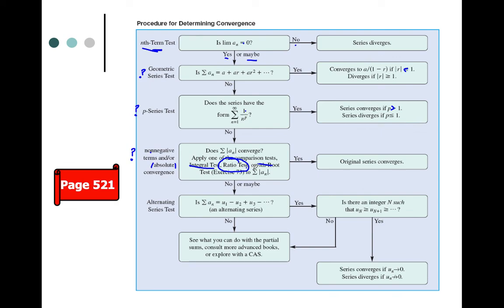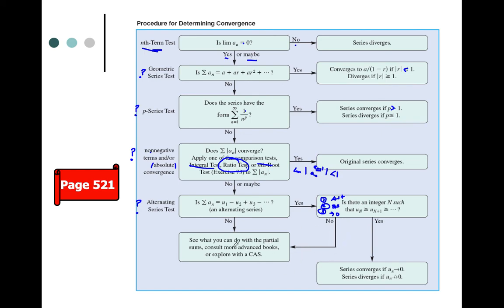And if your ratio test limit is less than 1, then your original series converges. If you do have an alternating series, maybe you have an alternating series test, right? Then you run through those 3 conditions: alternating, positive terms, and terms go to 0.